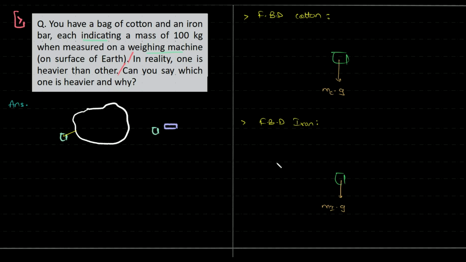Is it not? Then the buoyant force will be a bit smaller over here, the buoyant force of iron, and it will be a bit larger over here, buoyant force of cotton. I told you the buoyant force of cotton is a bit more than buoyant force of iron. My question to you guys is why?